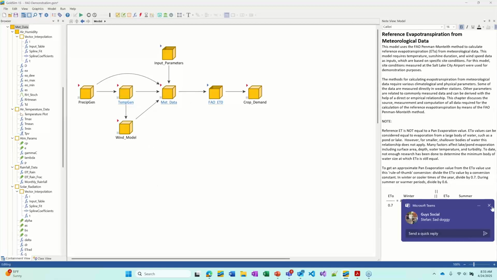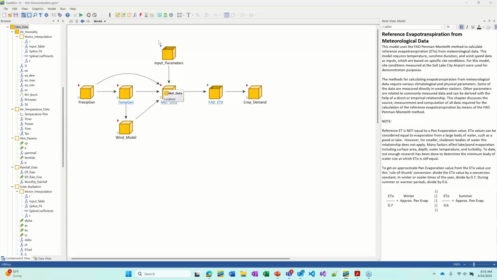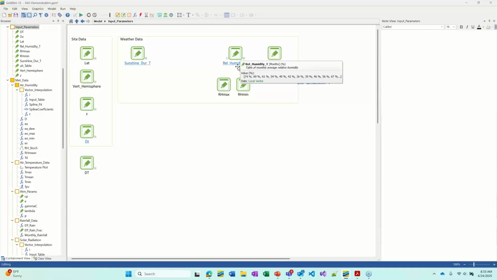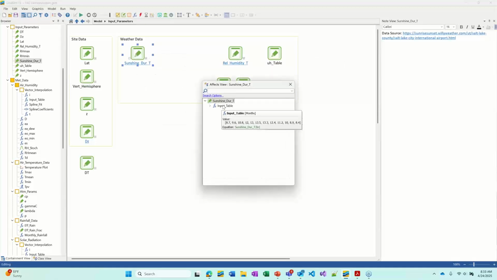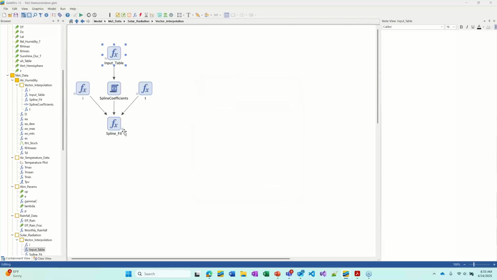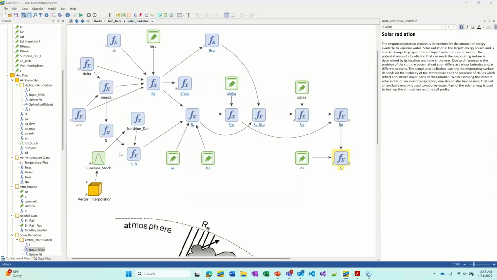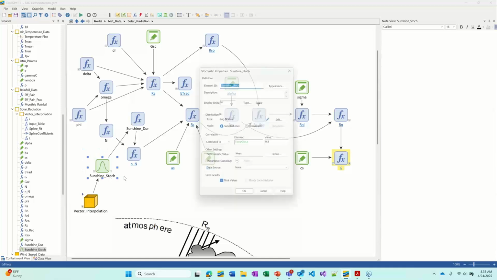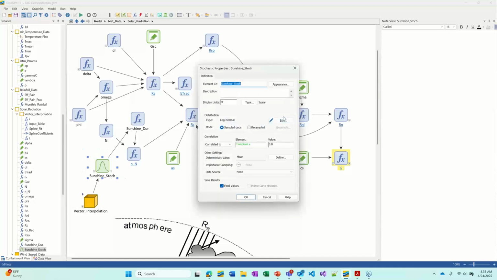Okay, so next, we have sunshine and relative humidity. Those are the two remaining items that I'm wanting to apply some uncertainty to. So for solar radiation, I'm just adding another stochastic. In this case, it's another log normal, but I'm also correlating the sunshine hours to temperature.